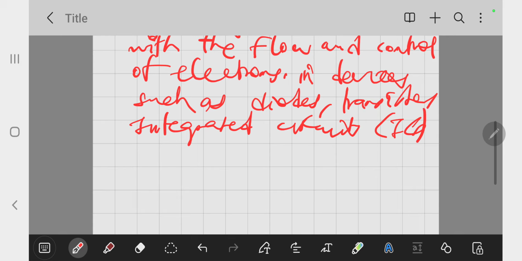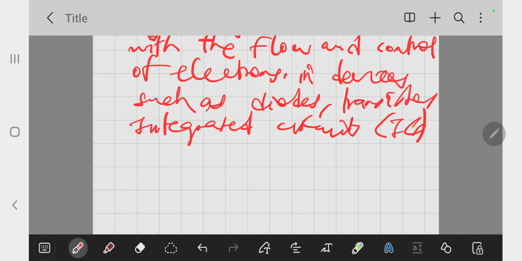So that's how we are trying to define the concept of electronics. Electronics focuses on how these components can be used to process, amplify, transmit, and store information or power. I repeat, electronics focuses on how these components can be used to process, amplify, transmit, and store information or power.